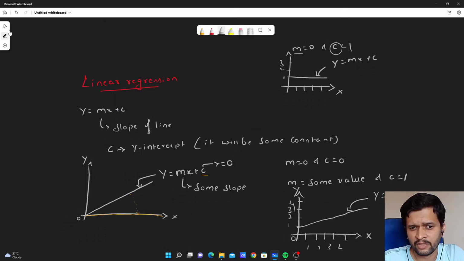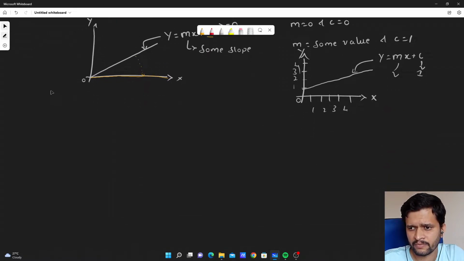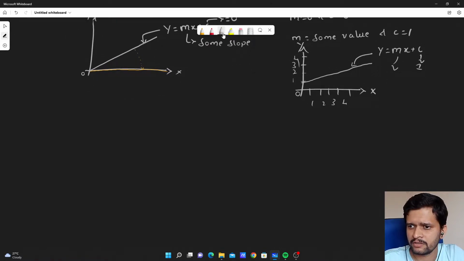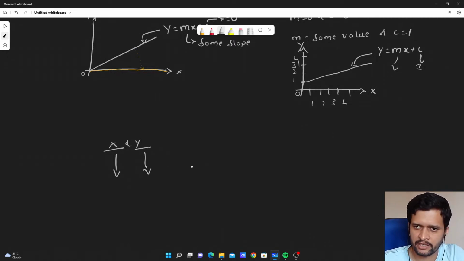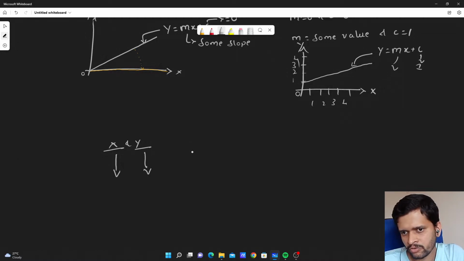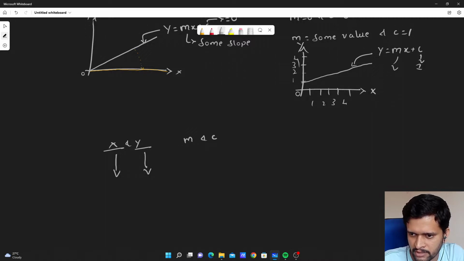Now with respect to machine learning, we have some values associated with x and y. For some values of x, we have some associated value of y. What do we have to do in the case of linear regression? We have to find m and c.